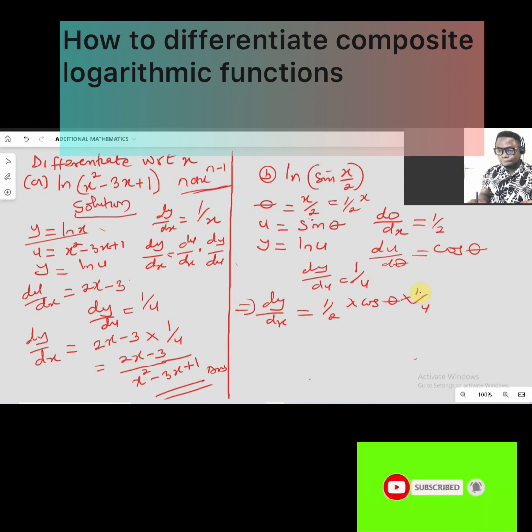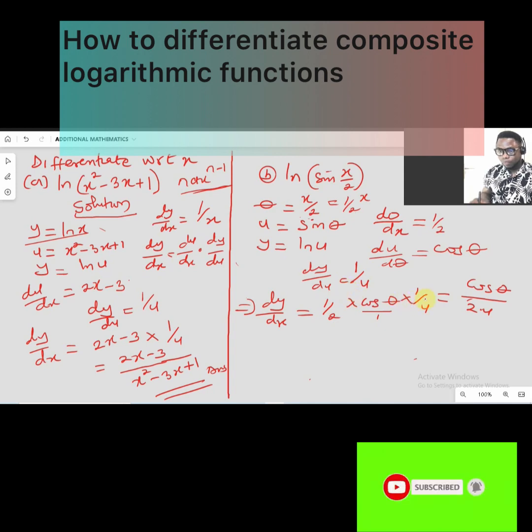Now I'm going to have this, which is equal to 1 times cos theta times 1 is going to give me cos theta, divided by, if you do this over 1, it's going to be 2 times 1 times u, which is going to give me 2u.